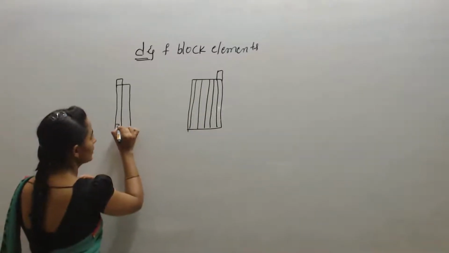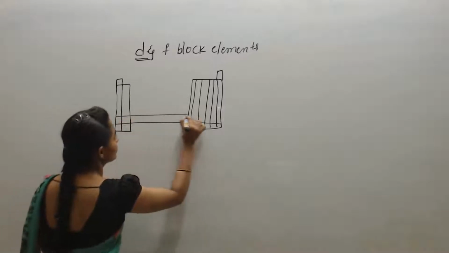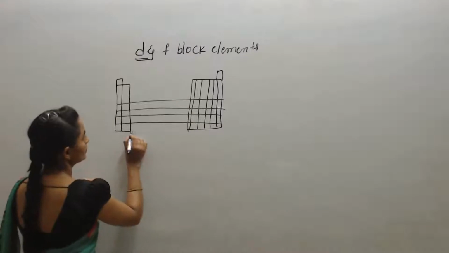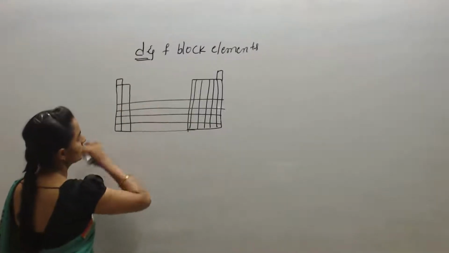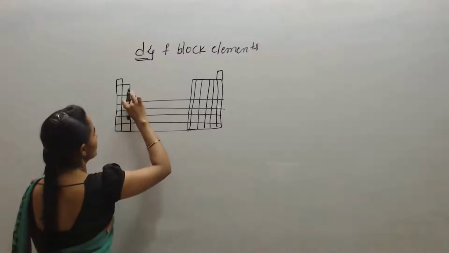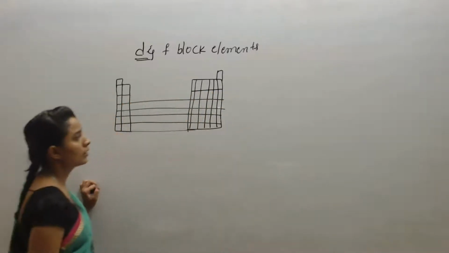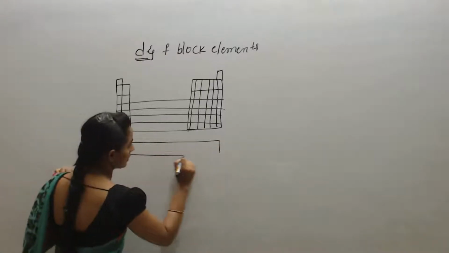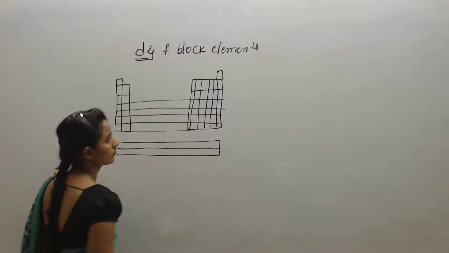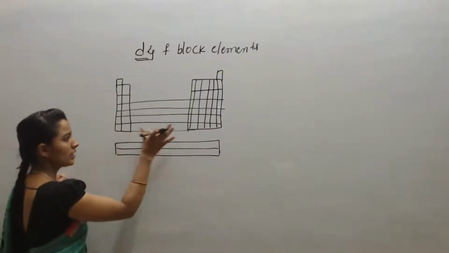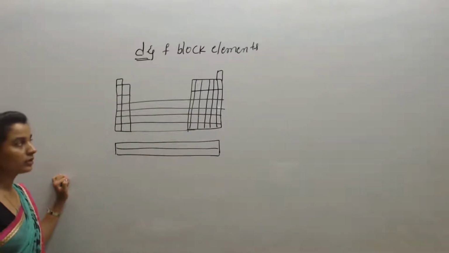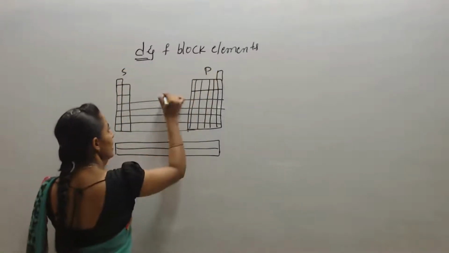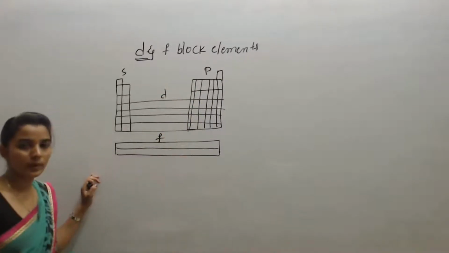Next series are there, 1, 2, 3, 4, and again 1, 2, 3, 4. Here again, this is the periodic table, and here the F block is there. This is the typical representation of the periodic table: the S block, P block, D block, and F block.